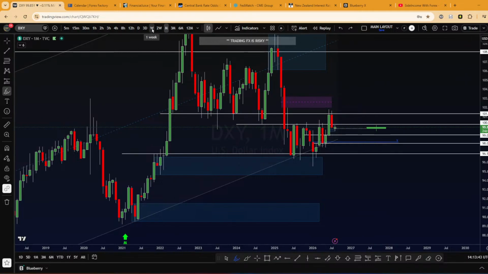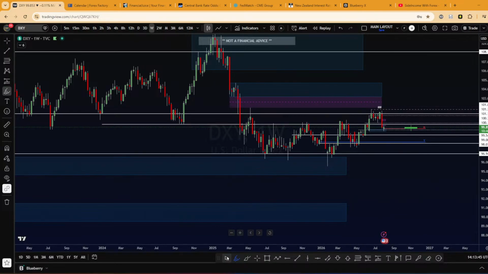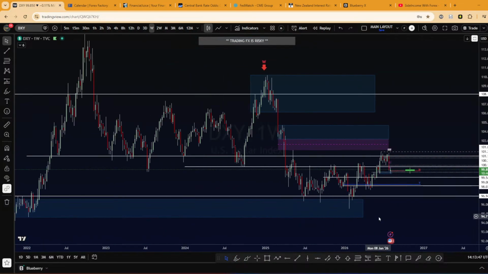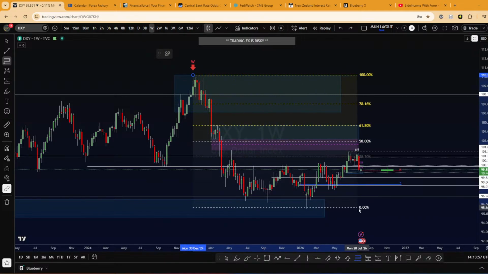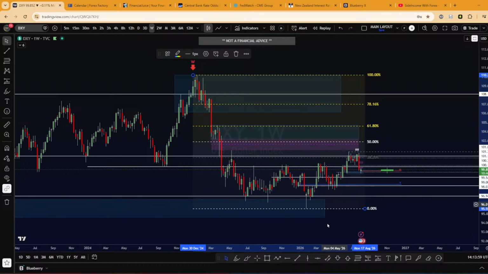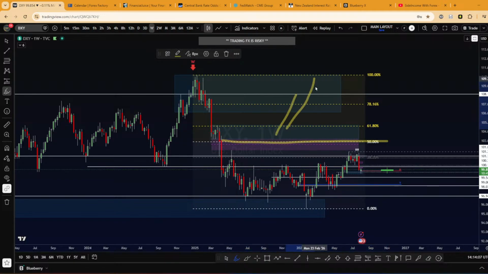Let's go down to the weekly time frame. This is my last leg on the weekly time frame, from this high to this low, clearly. If I take my Fibonacci tool, you can see the 50%. The premium zone starts above the 50%, this yellow zone right there.